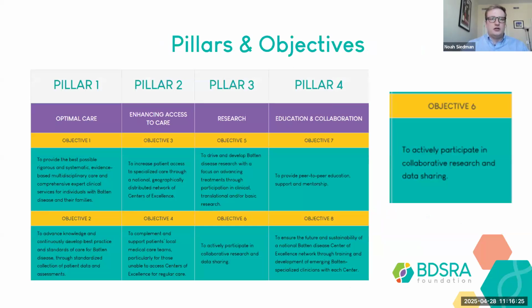All right, and just to highlight that as this group came together, and that process really started towards the end of 2023, a big pillar of that collaboration was to actively collaborate in research and data sharing. And while there's a lot of other goals that this group has, one of the things that has dominated discussions in our twice monthly meetings has been how we're going to effectively share data, how we're going to effectively advance research.